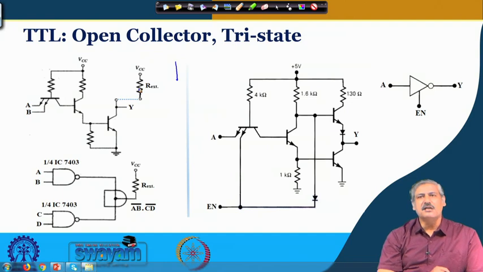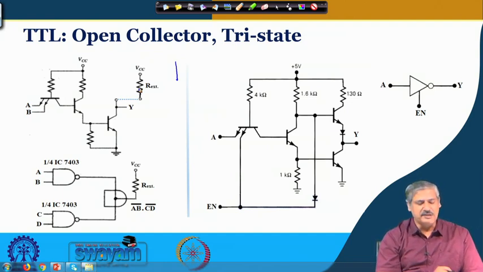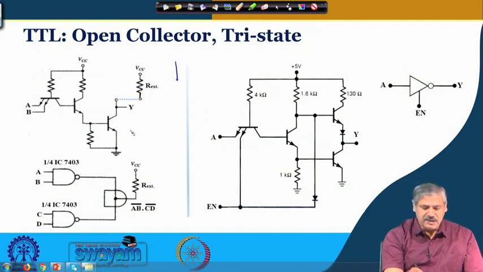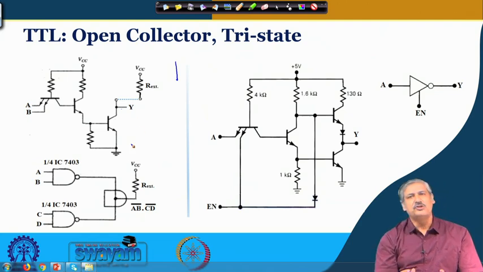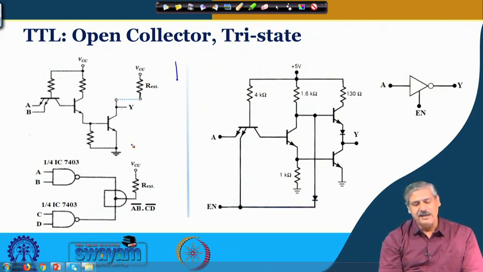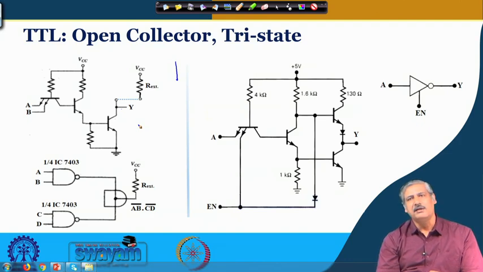The other aspect of this open collector configuration is that if you connect two such gates, so this is say one gate, and there is another gate, and you are connecting, just ANDing these two outputs together. If you analyze, you see that they will give you a wired AND connection.